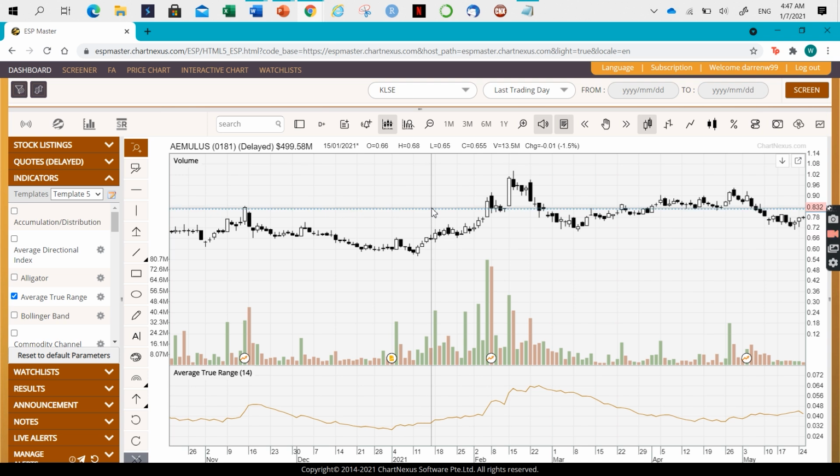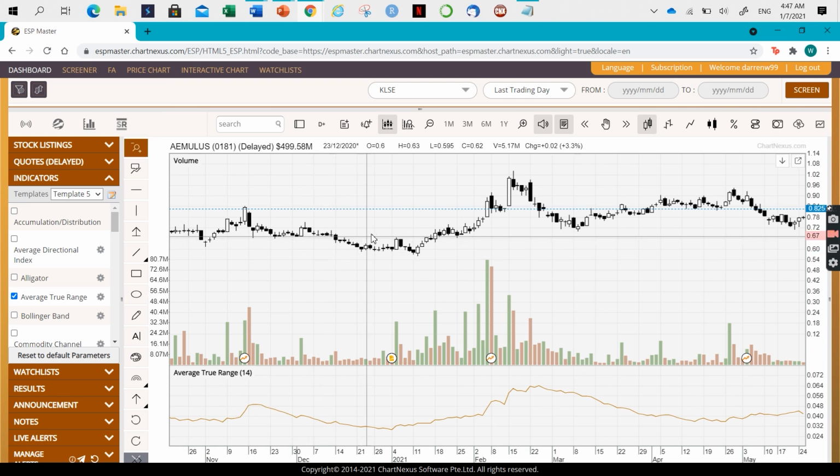Okay, so here we have Emulus, and as you can see, I have already put up the average true range. Say for example, you were in the market here. You're currently here and you saw that the market is going down, and then you realize that this is potentially a reversal signal, because volume is strong, the candle closes very bullish, and everything.